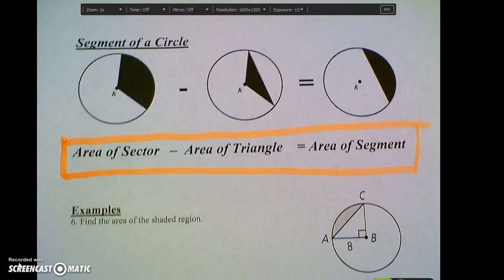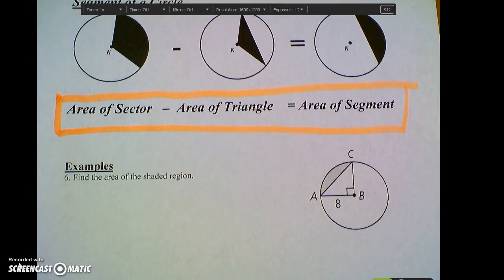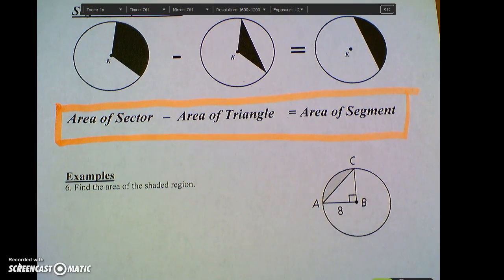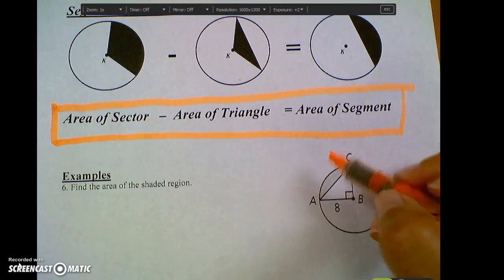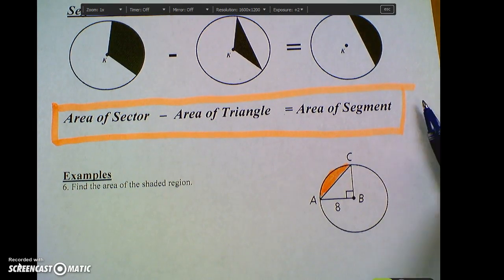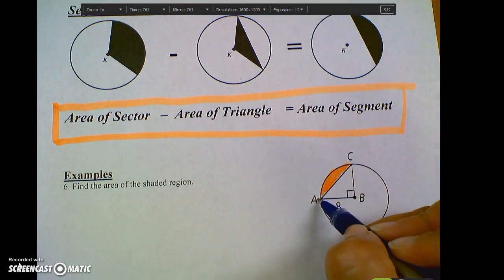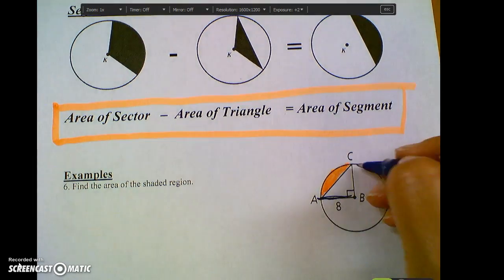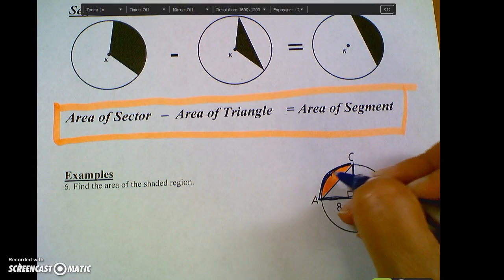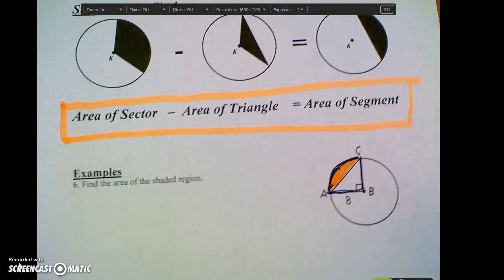Okay, so we're looking for the area of the shaded region in this picture, which, as you can see, the shaded region is this segment of the circle. So the sector that goes with it is this sector here that I'm outlining in blue. And then we're going to take away this triangle.